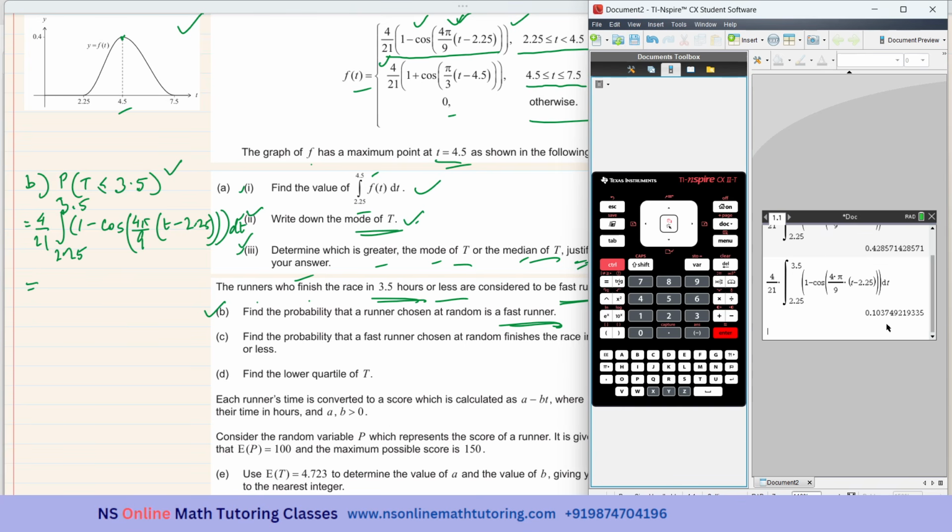0.1037492. I'm taking this because I'll be needing this value when we come to part C. So first of all, let me write the answer correct to three significant figures.